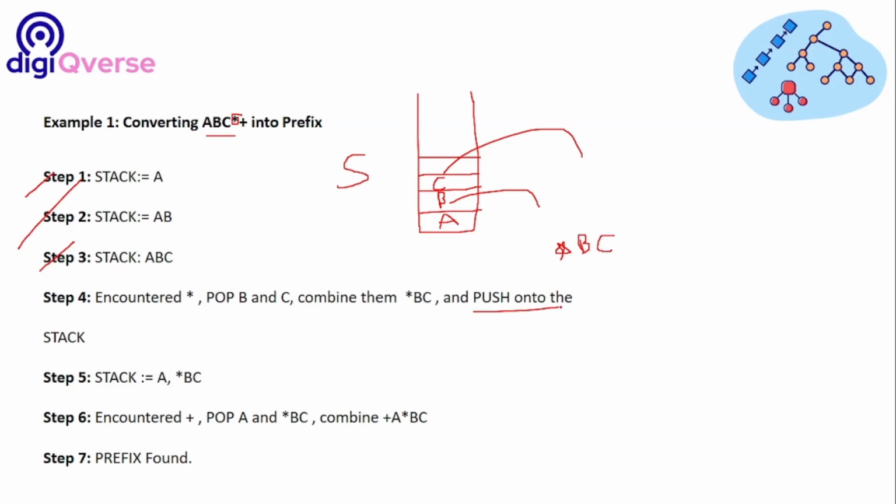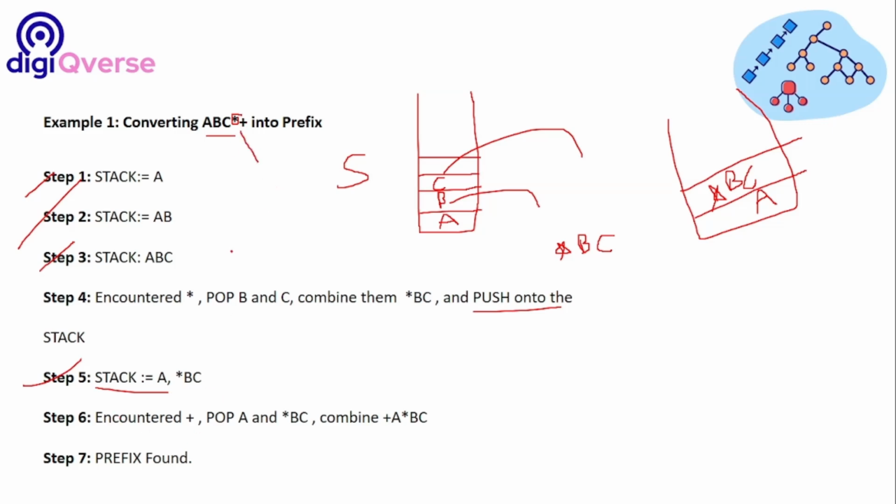Okay, and push it into the stack. A remains in the stack as it is, because there is no operation involving A. So the updated stack will be A and star B C. This is the current stack position, represented in step number 5: A, star B C, and the upcoming plus.